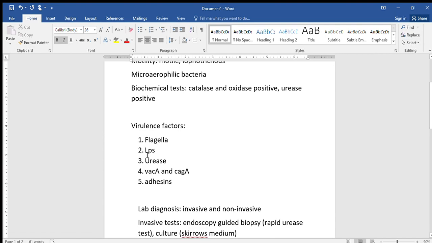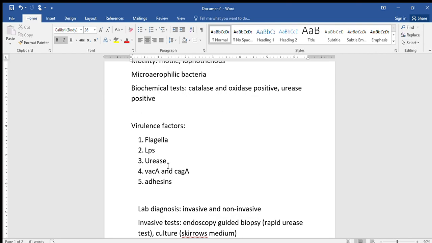Now number three is the urease enzyme. What does urease mean? You can see urea-ase, so it is something breaking down urea. We know urea can be broken down into ammonia plus CO2. With the help of this enzyme, the bacteria break down urea into ammonia and CO2.